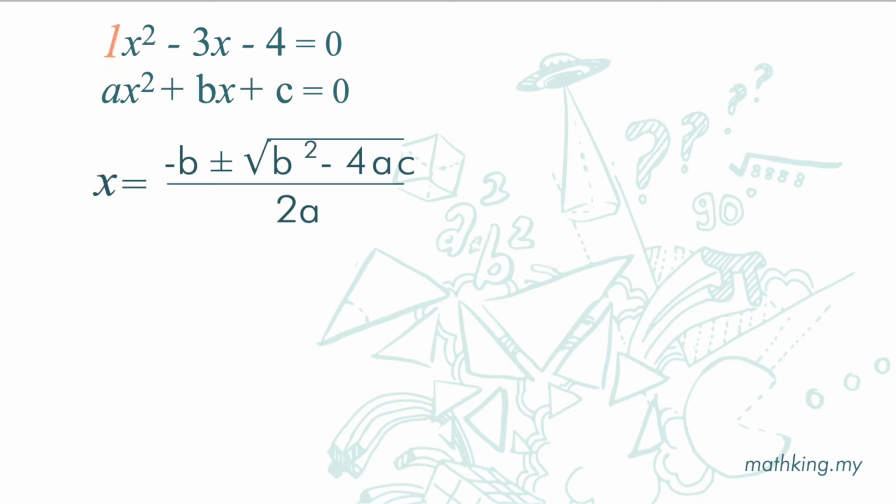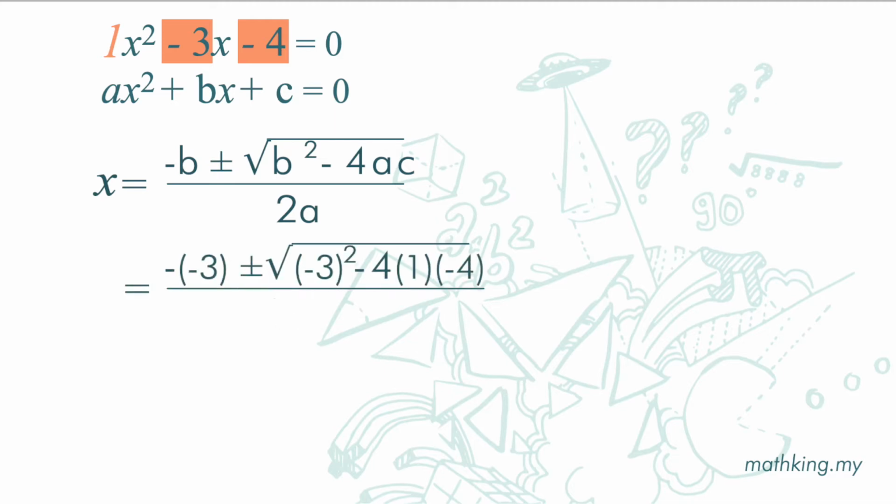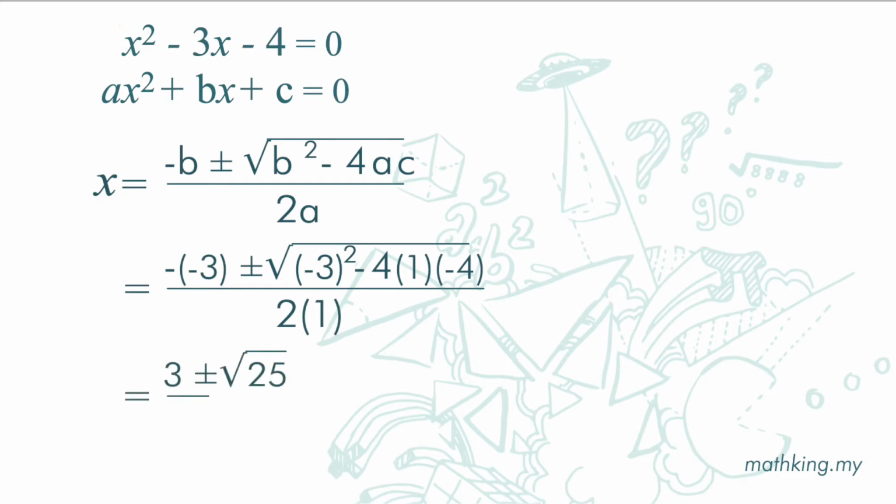A is 1, B is -3, C is -4. We plug the numbers into the formula, and we get 4 and -1. So the roots are 4 and -1.